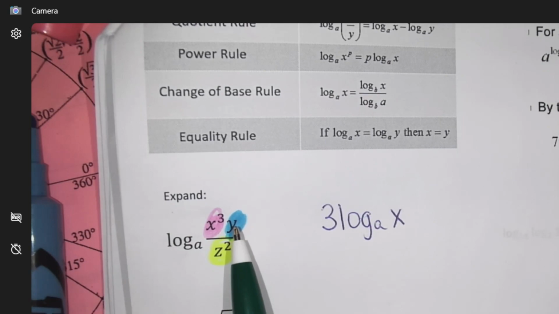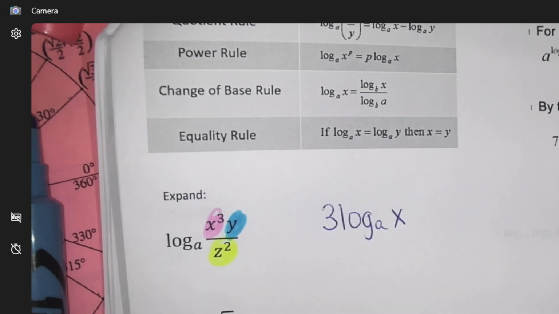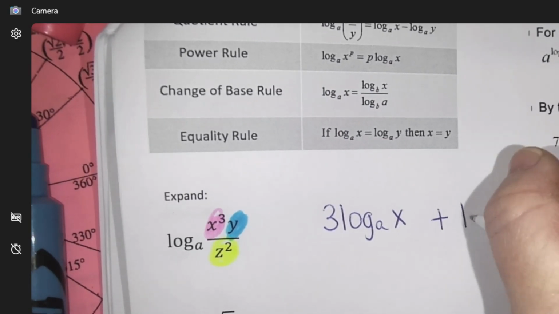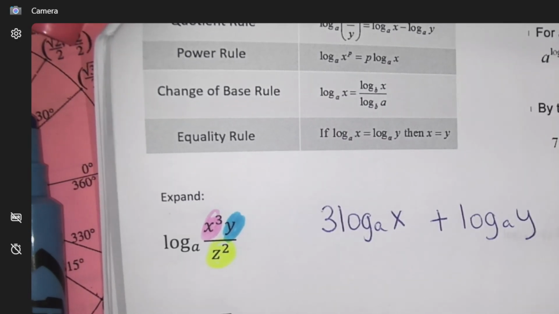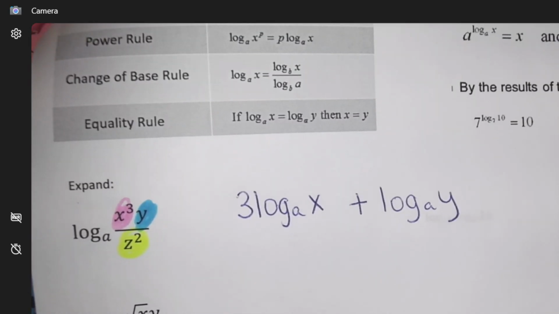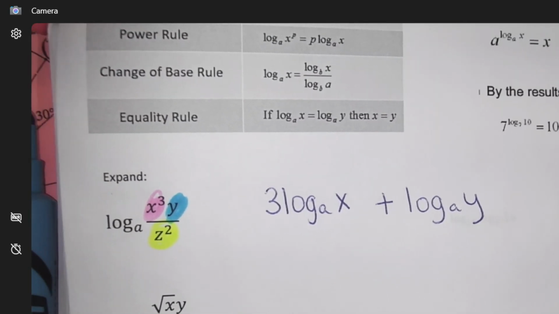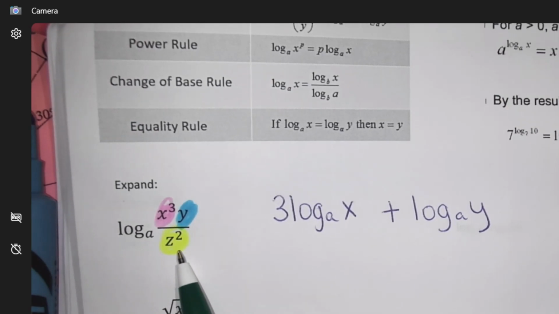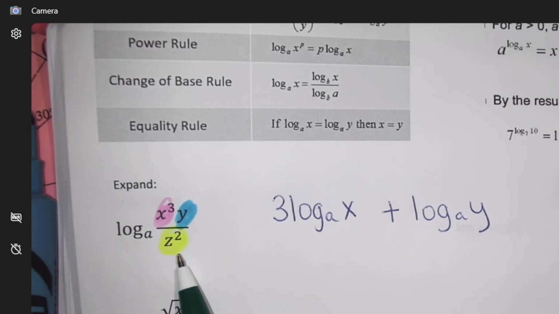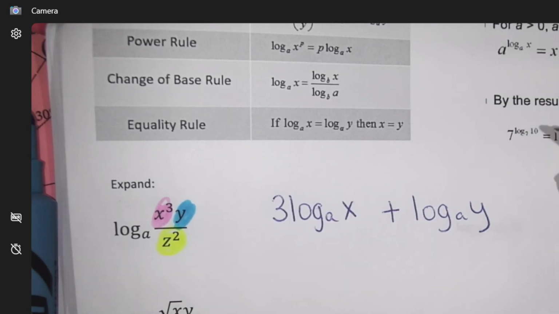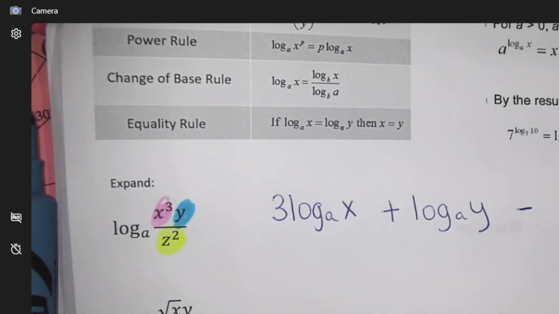Then the y is a multiplier. So how do I separate multipliers? I add. And then the last item is on a divider. So how do I detach dividers? I subtract.